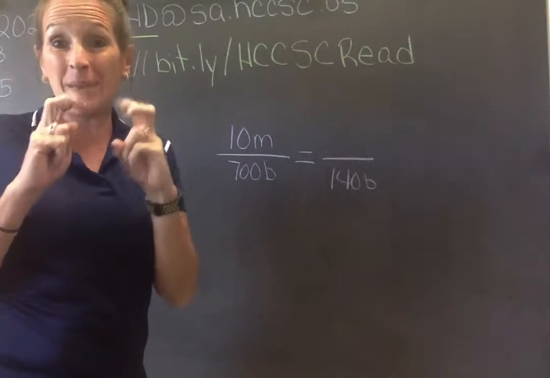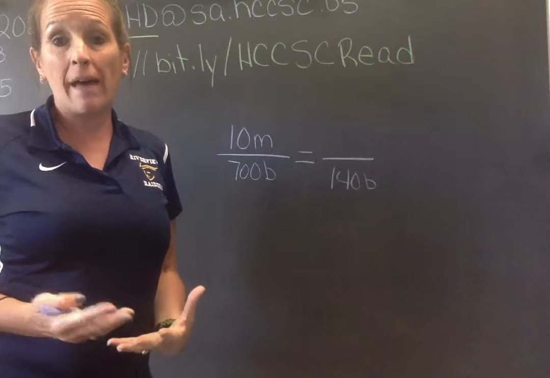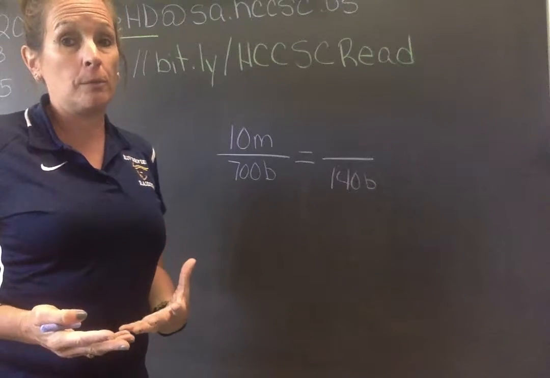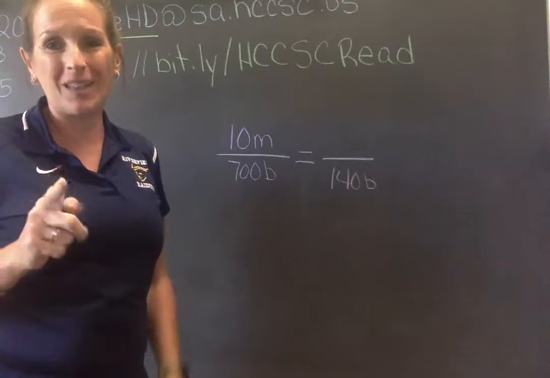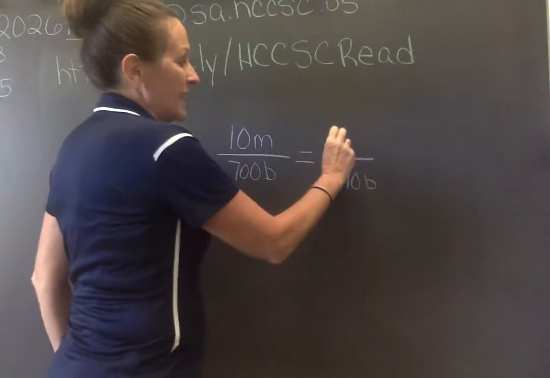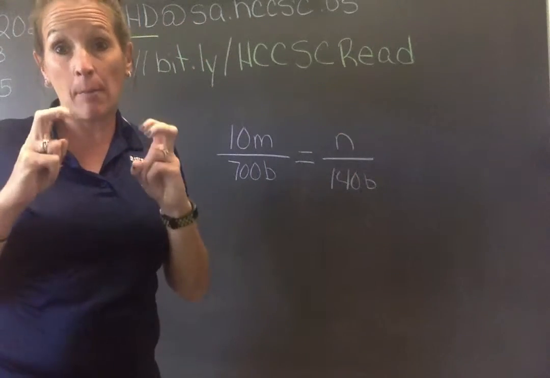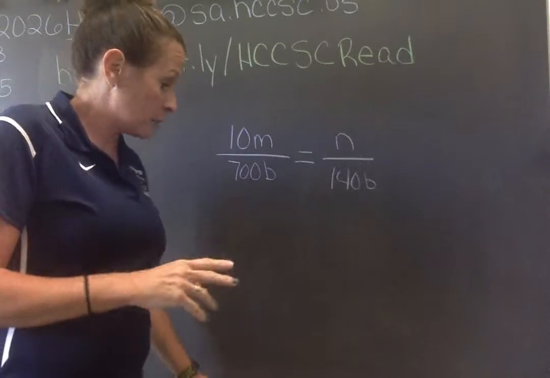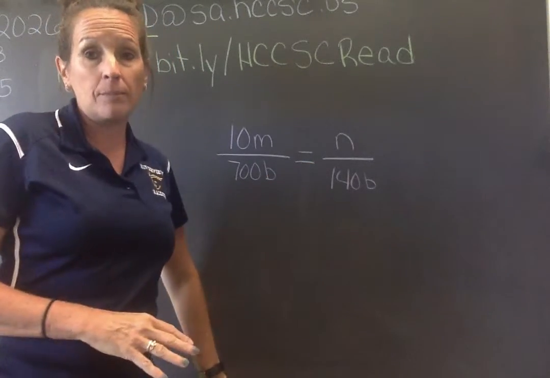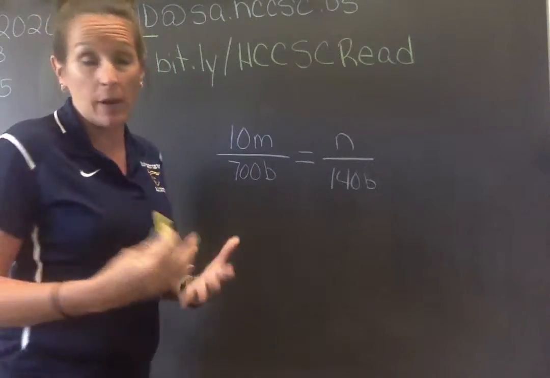In big kid math, in middle school math, when we don't know a value, we use a letter, but we call it a variable. So I'm going to put an N here because I don't know it.